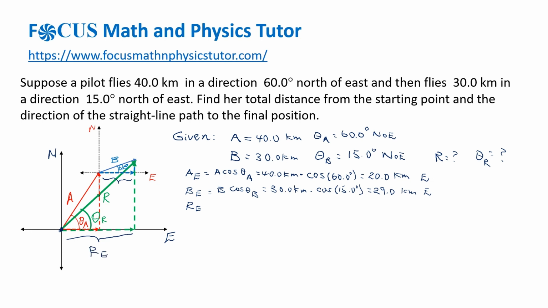It will be the sum of the E component of A, which is this one, plus this one, basically we are adding these two. It's 49.0 kilometers in the east direction.